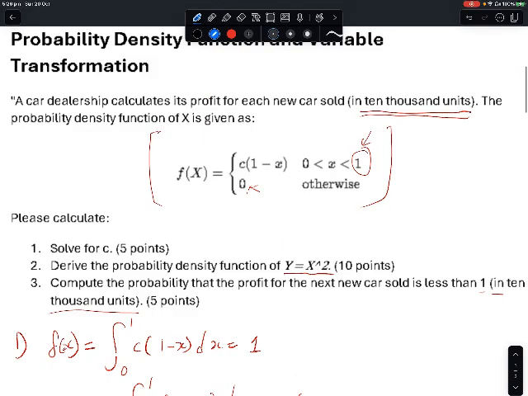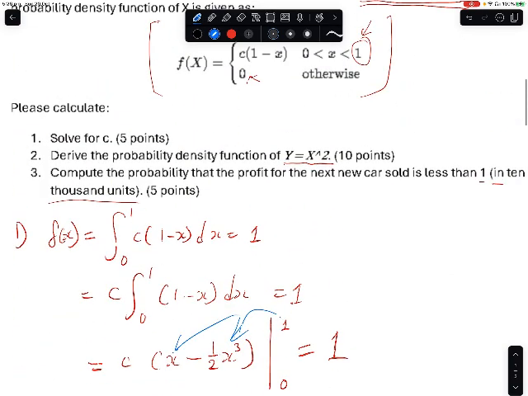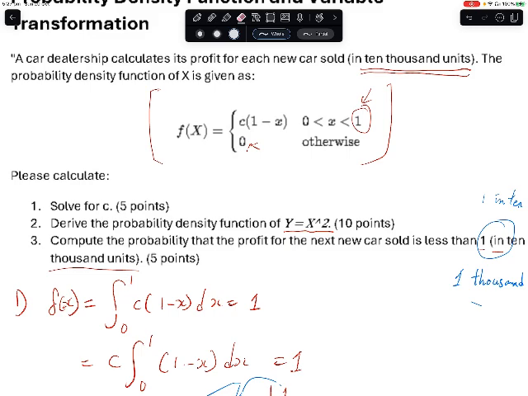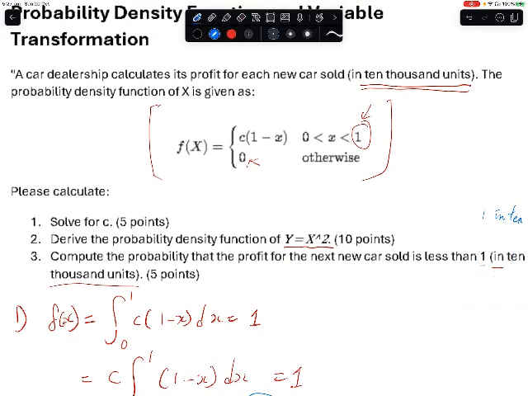Here we are talking about 1 in 10, so actually this is 1,000 in units of 10,000. So we can say that this is 0.1.